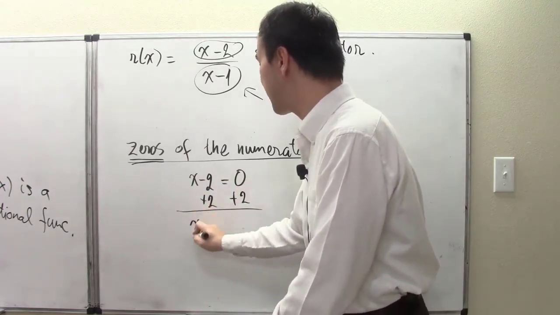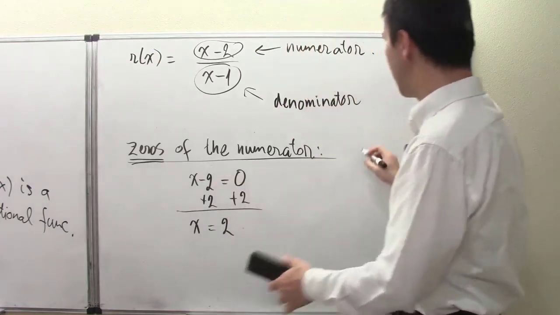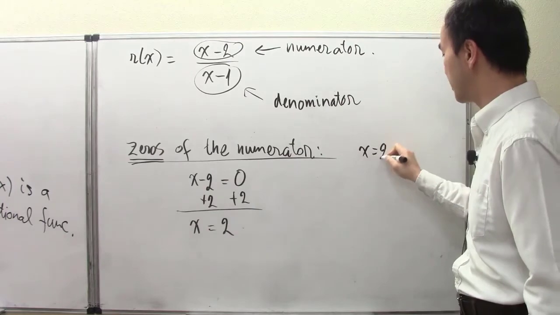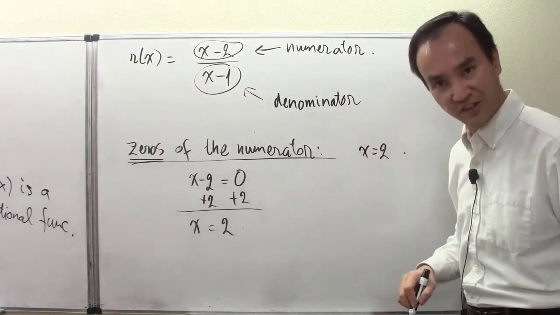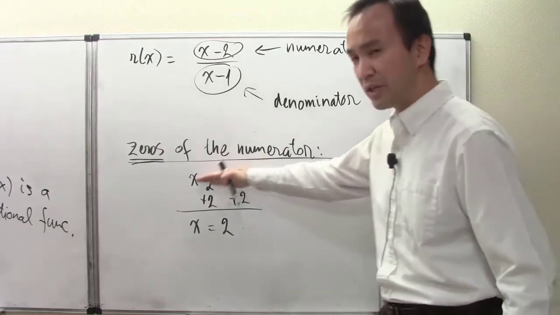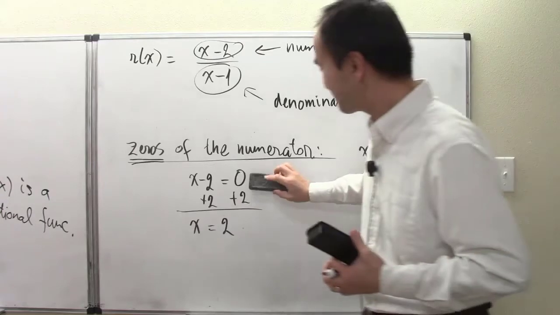That's leaving me x equals 2. All right, so that's the work. So the zeros of the numerator: I am going to have x equals 2, and this is the only one. It's a list now, a list of zeros of the numerator. Okay, now I need to erase this quick little scratch work right here.